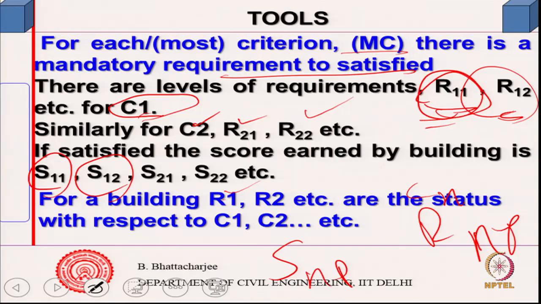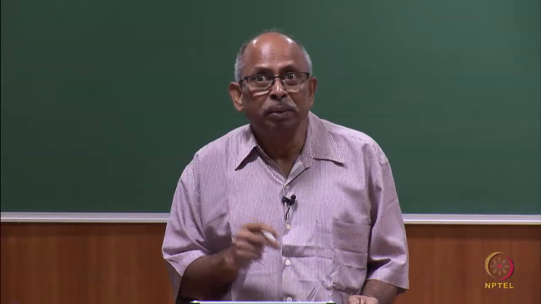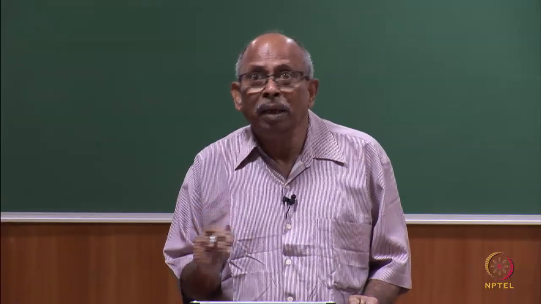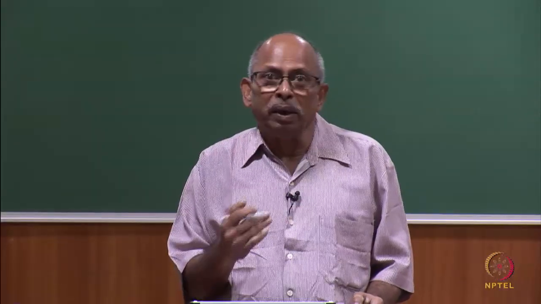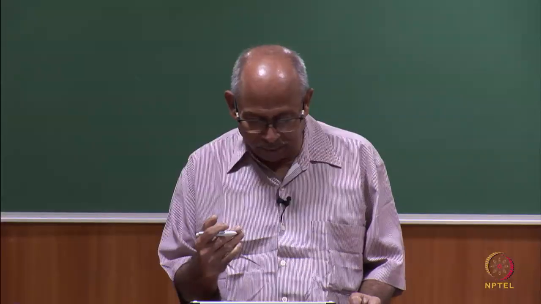Similarly, Rn should satisfy Rn1 or Rn2, etc. Supposing it satisfies Rnp, then its score is Snp. So, scores are given depending upon which requirement range it satisfies.